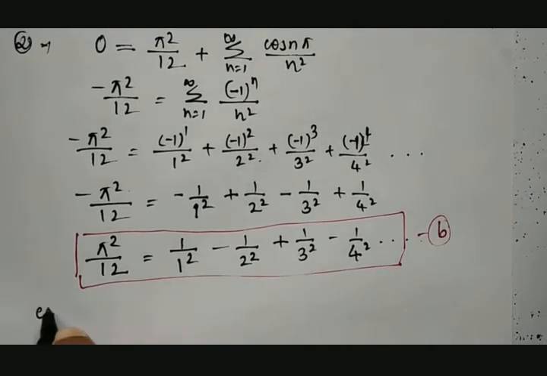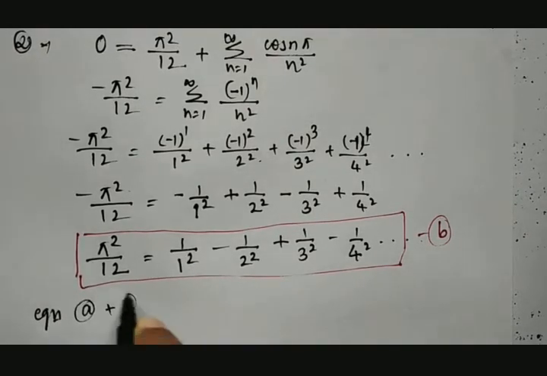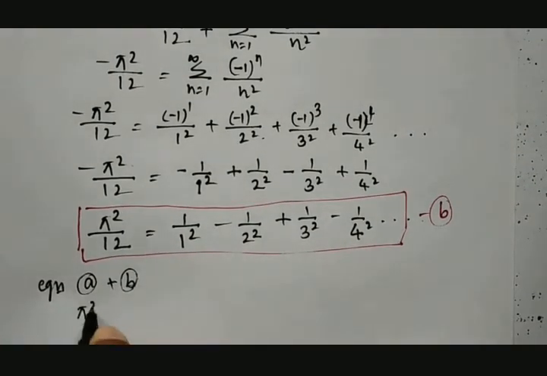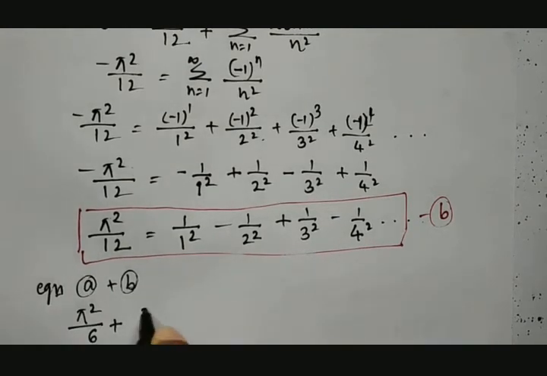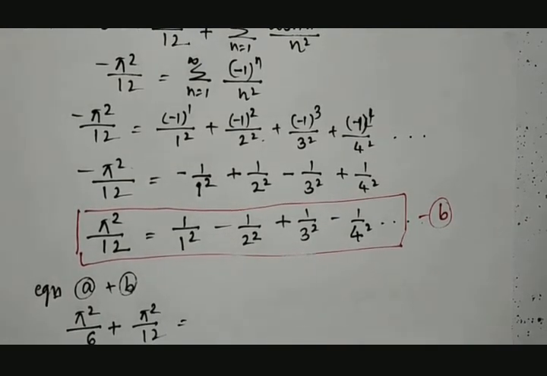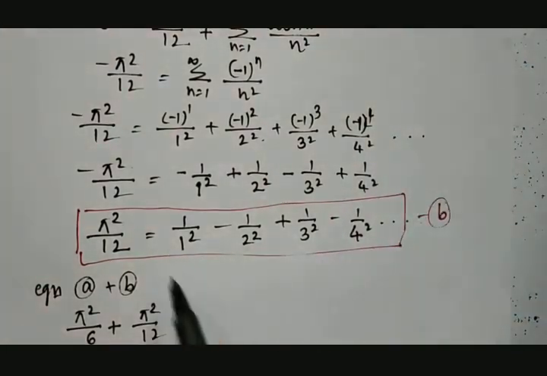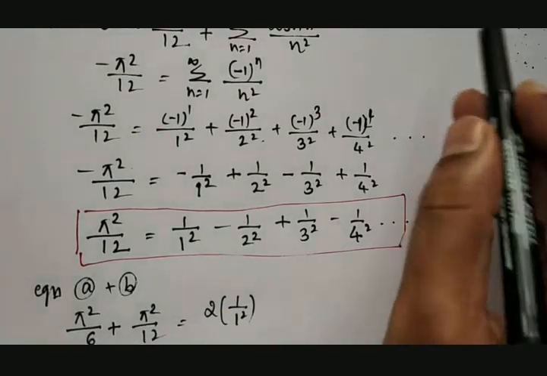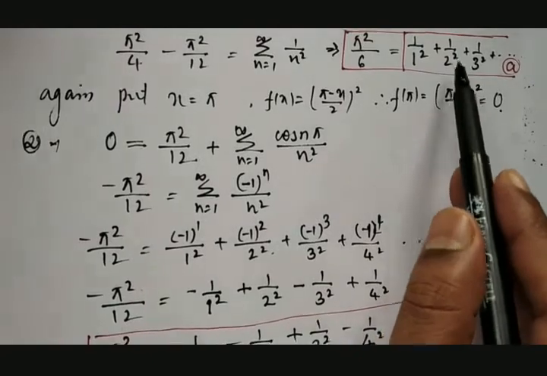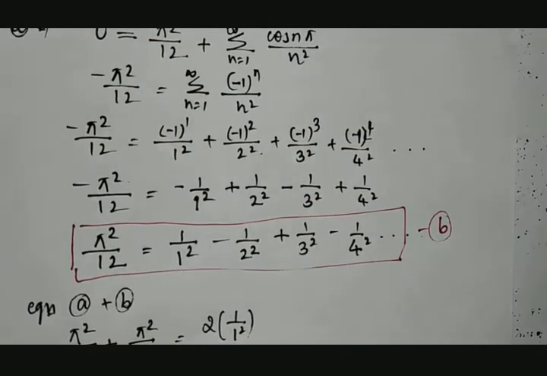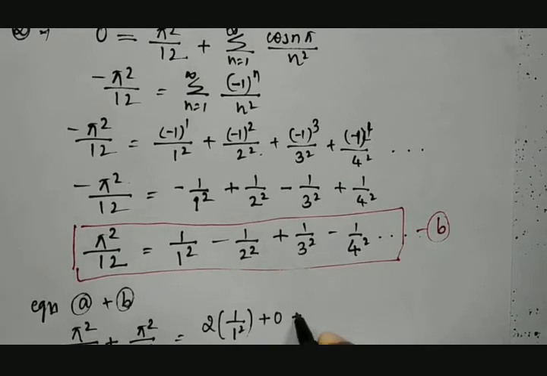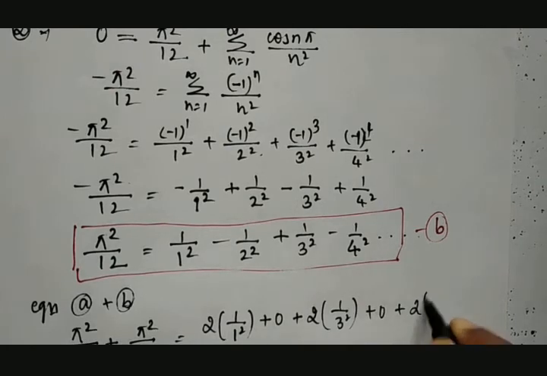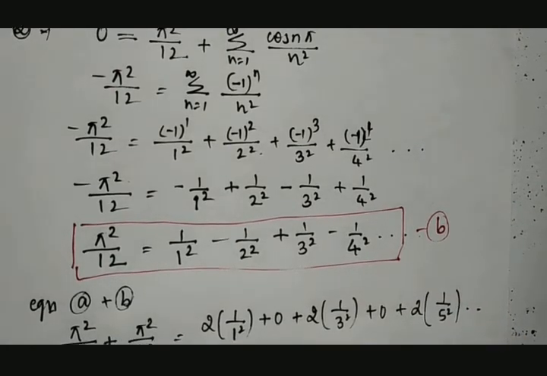So we take equation A plus B. Then what happens? It becomes pi square by 6 plus pi square by 12 is equal to 1 by 1 square plus 1 by 1 square, which is 2 times 1 by 1 square. 1 by 2 square and minus 1 by 2 square vanish, plus 2 times 1 by 3 square, again 0 for the even term, plus 2 times 1 by 5 square and so on.